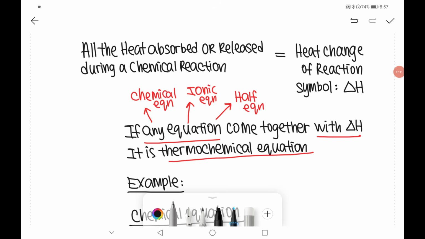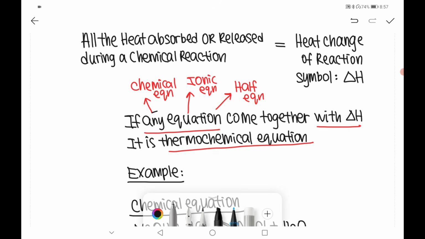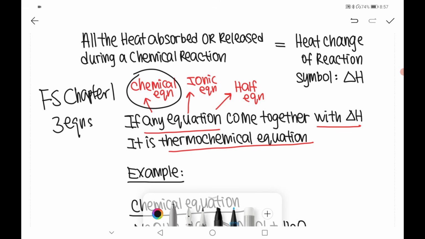All right, so now let's continue a little bit. If any equation comes together with delta H, what do we mean by any equation? We learned in Form 5 Chapter 1 that we have 3 types of equation in chemistry: chemical equation, ionic equation, and half equation.